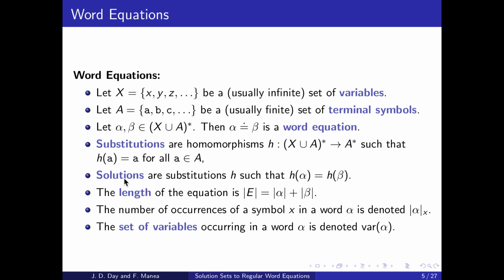Solutions are substitutions which equate the two sides. The length of the equation is simply the sum of the lengths of the two terms, and the number of occurrences of a symbol in a word or in a term is denoted with this modulus and subscript, and the set of variables occurring in a word is denoted by this var notation.